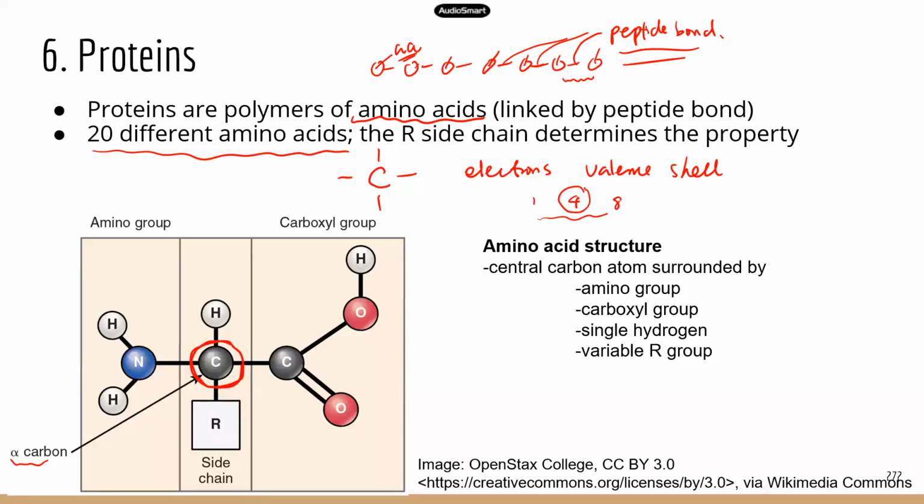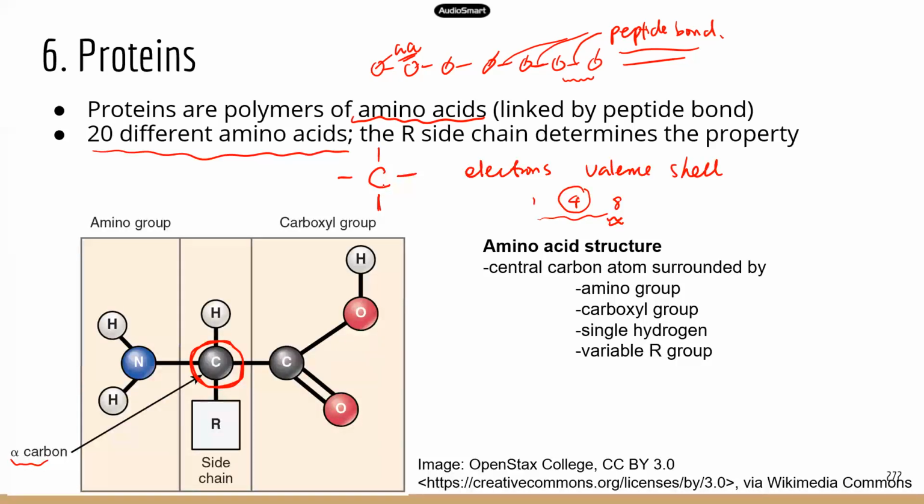A carbon atom does not like to lose all 4 electrons or gain another 4 electrons to get to 8. So carbon usually shares these 4 electrons with other atoms to form covalent bonds. Carbon can form up to 4 covalent bonds.